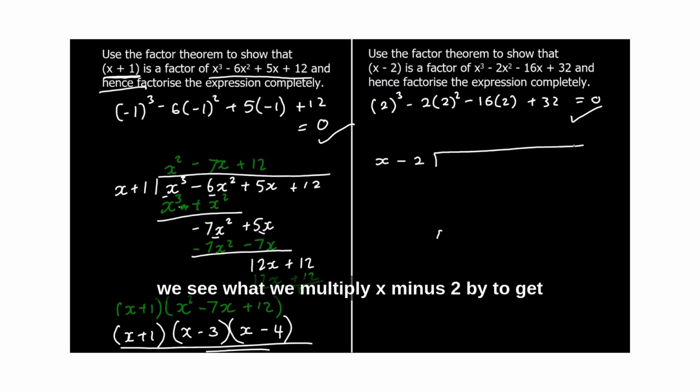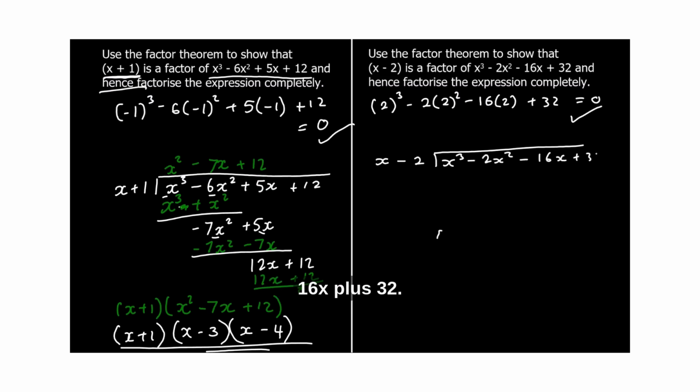So we see what we multiply x minus 2 by to get x cubed minus 2x squared minus 16x plus 32. X cubed over x is x squared, times by the x squared, that's x cubed minus 2x squared. So when we take away, we get 0 here.